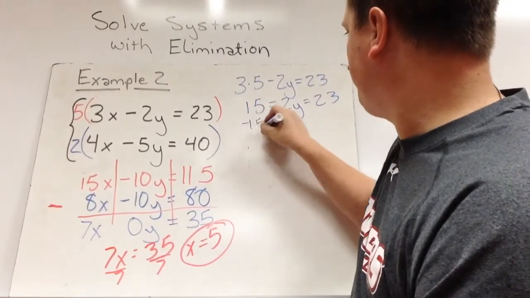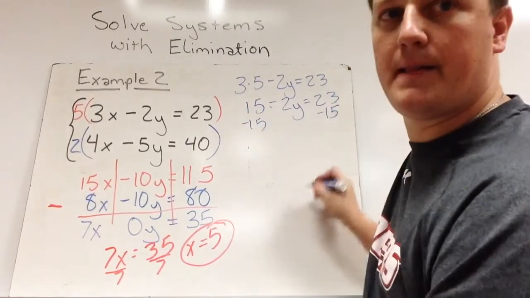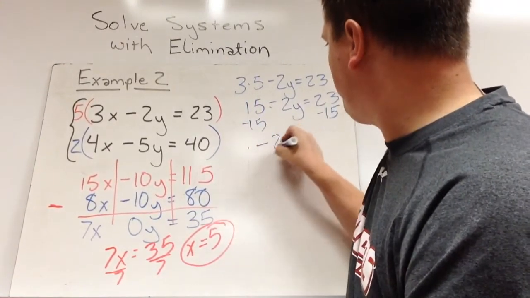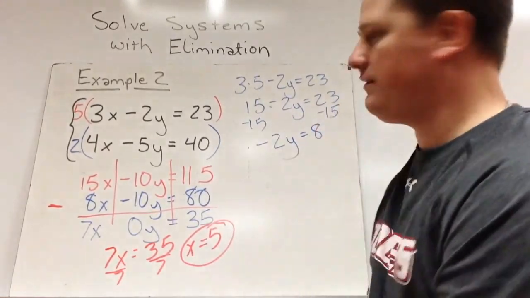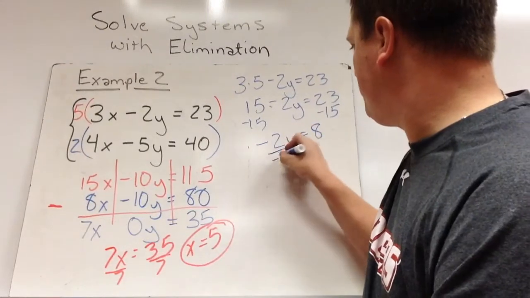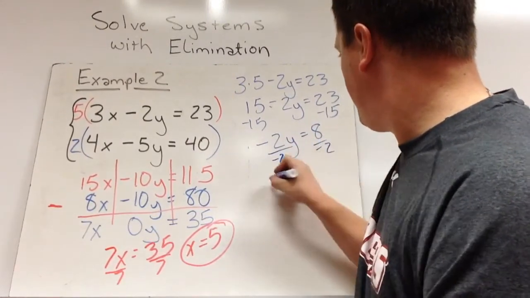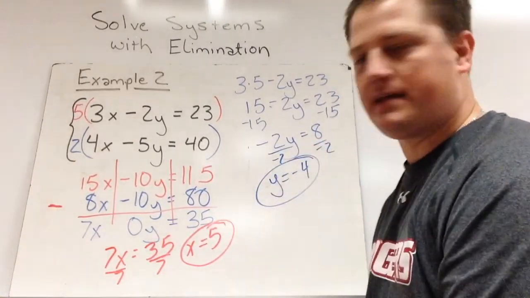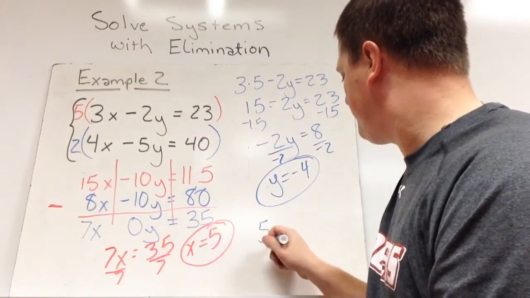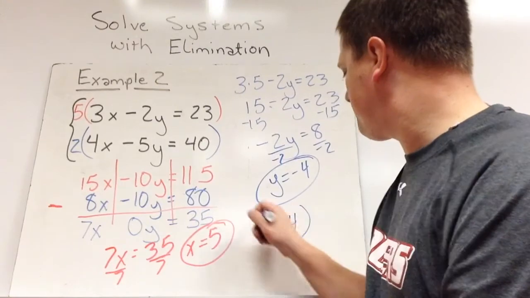I'm subtracting 15 from both sides to move it. That's going to give us negative 2y equals 8. I'm going to divide by negative 2, and y is negative 4. So this answer is 5, negative 4.